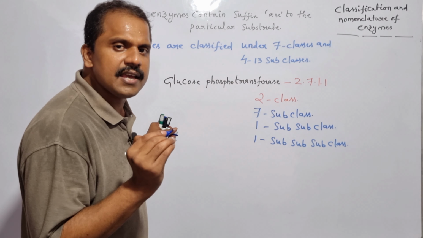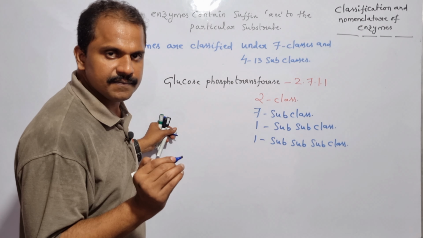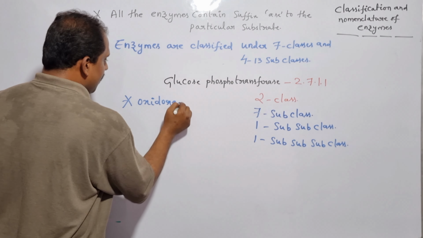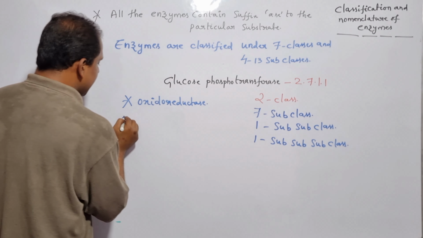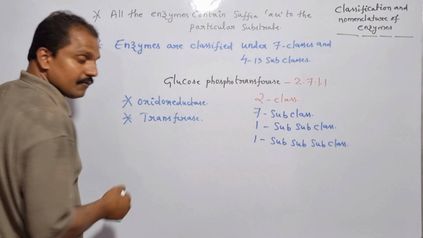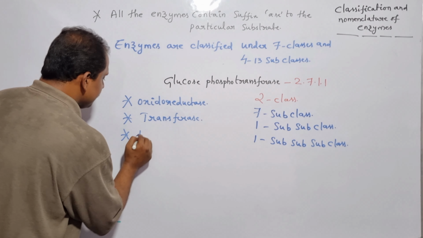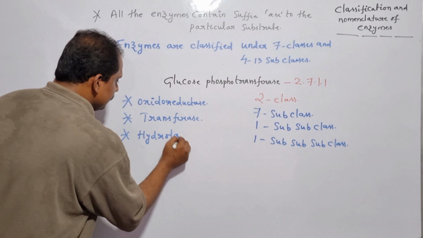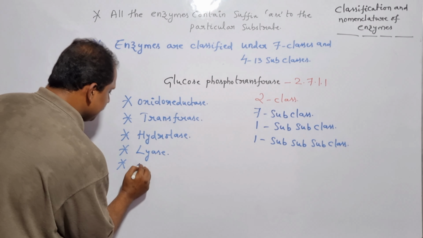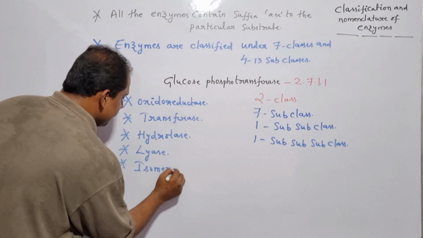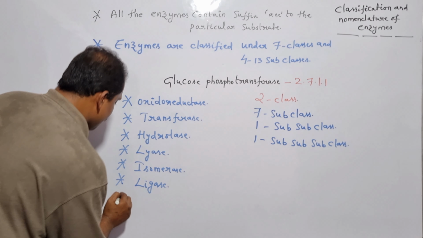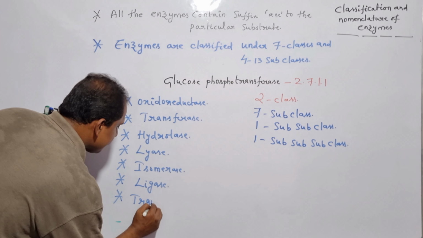So what are the 7 classes of enzymes? The various 7 classes of enzymes include oxidoreductase, transferase, and the other one is hydrolase, and the next one is lyase, and the other one is isomerase, and the other one is ligase, and the last one is translocase.